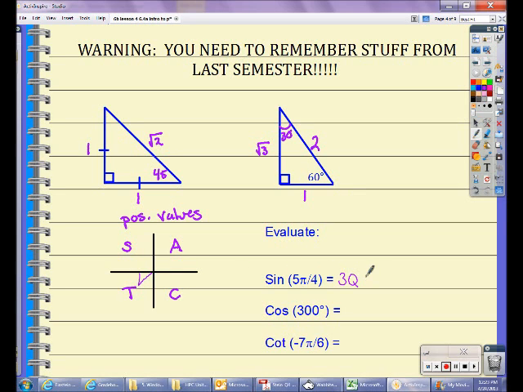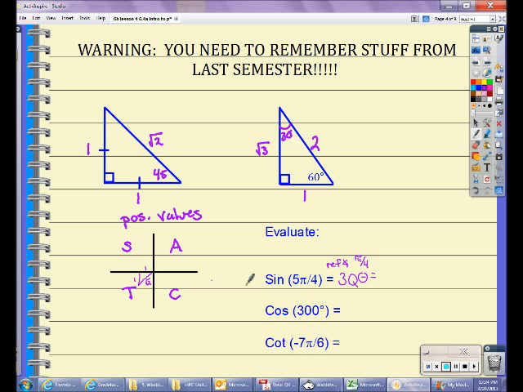Next, I'm going to note that the reference angle is pi over 4, or 45 degrees. So this is going to mean, third quadrant, sine is negative, and it's going to be the negative version of sine of pi over 4. 1, 1, root 2.